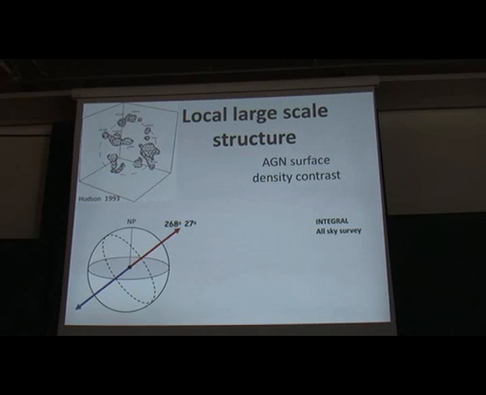For example, from the IRAS sky survey, a 3D density map of galaxies in the nearby universe was constructed. Here is a cubic volume about 200 megaparsecs across, and you see that there are different concentrations of galaxies in our local universe. And the largest anisotropy which you can see in the sky is approximately directed along this axis.